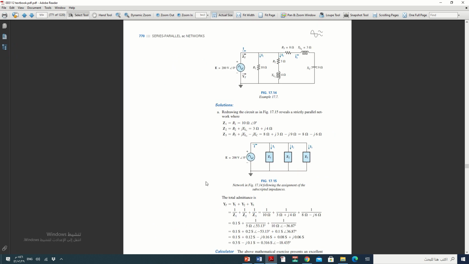Now we have the circuit. We can combine R3, XL2 with XC to be one impedance, Z3, and R2 with XL1 to be one impedance, and R1 will be Z1, as we did here.